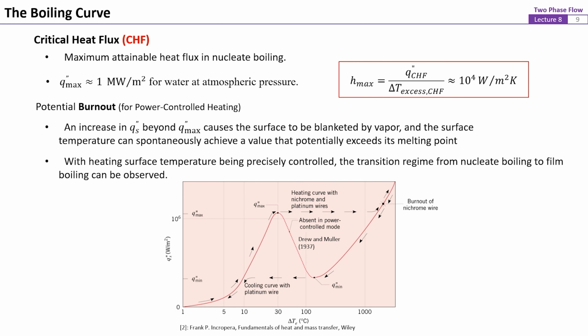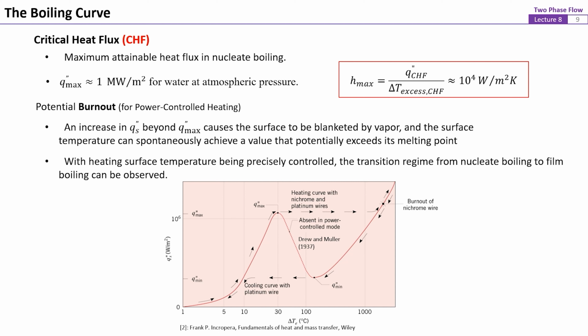The heat flux at the point of its maximum value in nucleate boiling is called the critical heat flux. For water at atmospheric pressure, this point corresponds to an excess temperature of approximately 30 degrees C, and the critical heat flux is nearly 1 megawatt per square meter.